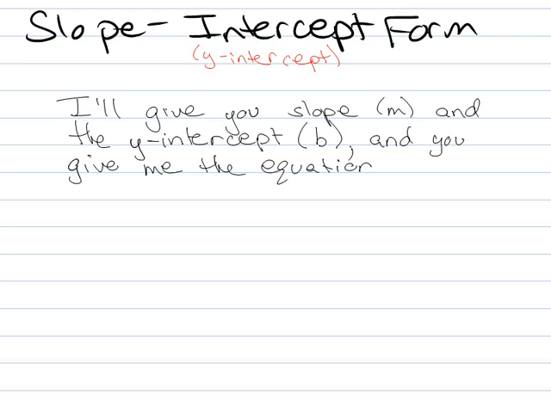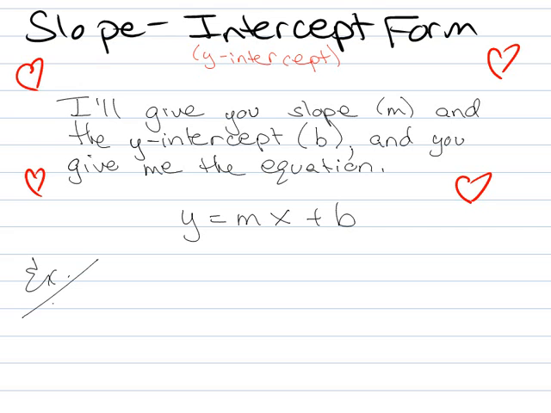So I give you the slope and the y-intercept, and you give me the equation. It's going to be in the form y equals mx plus b. And this is probably going to be our favorite form because it is the easiest to graph with. So let's do a couple of examples where we do some graphing.